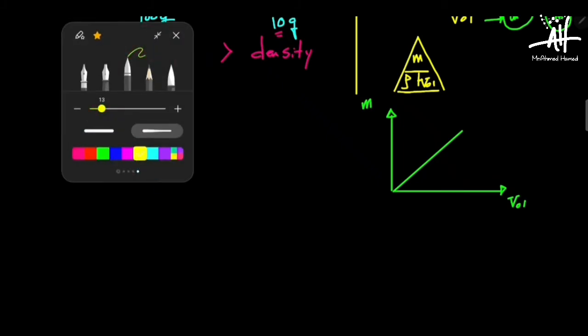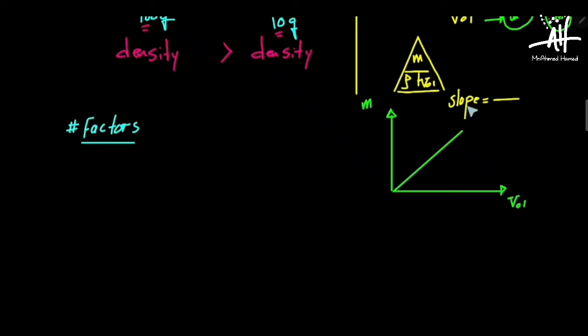If we calculated the slope of this graph, we know that the slope equals y-axis over x-axis. So in this graph it will be equal to the mass over the volume, and we know that the mass over the volume will give us the density. So we can say that in the graph between the mass and the volume, the slope of the graph equals the density.